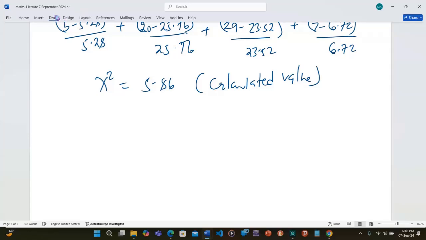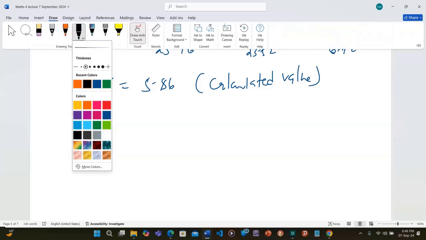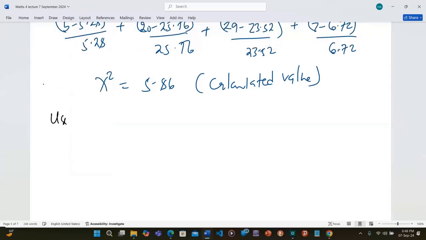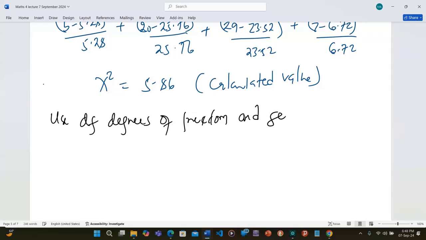So I'm going to use the table, use the degrees of freedom, and get the critical value of the chi-squared.